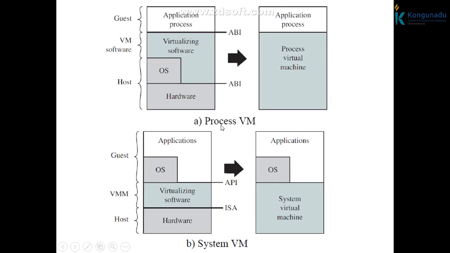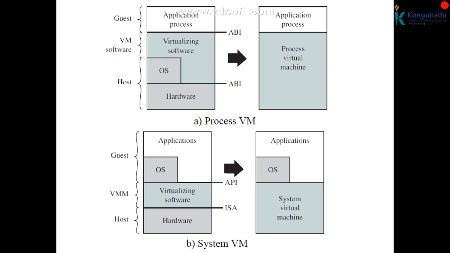Next is the virtual machine architecture: the process virtual machine and the system virtual machine. A process virtual machine is a virtual platform for executing a single process. In such a case, the process virtual machine is created when the process is created and terminated when the process is terminated.